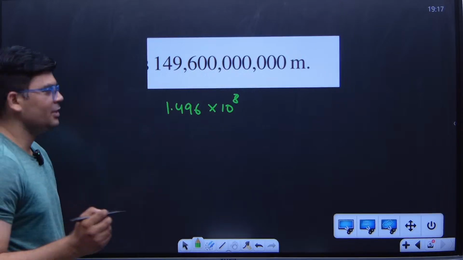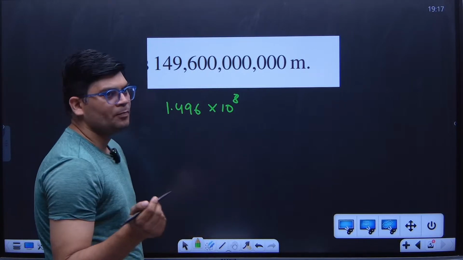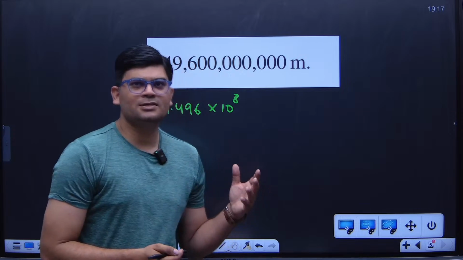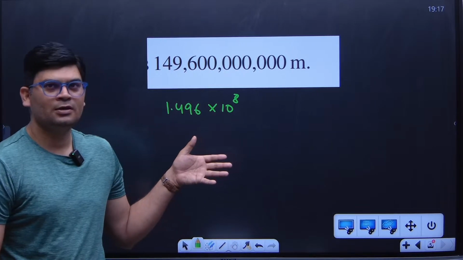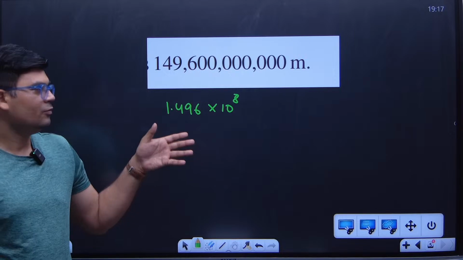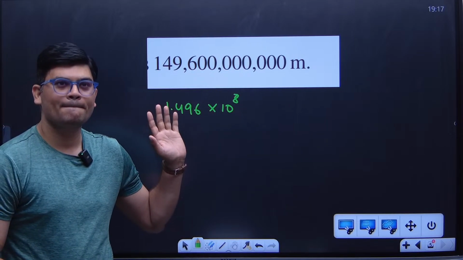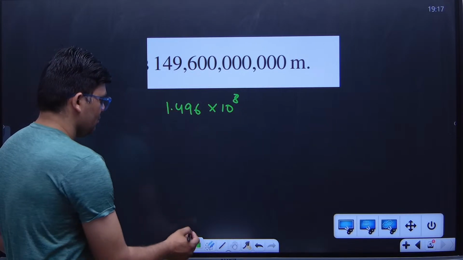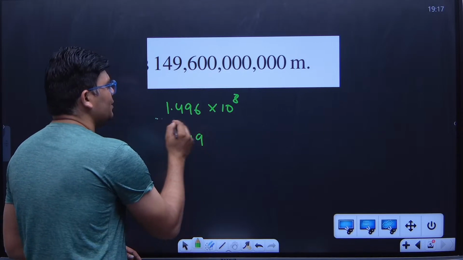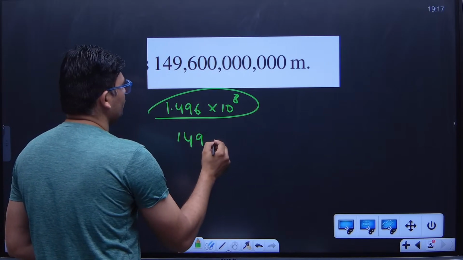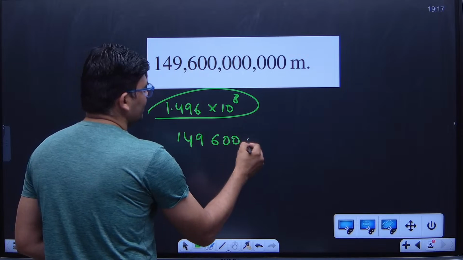First of all, you must see where the decimal is put now. As far as the decimal is concerned, where is the decimal now? Where is the decimal? Tell me. Here, after 1. I'm asking you, where is the decimal in the question?